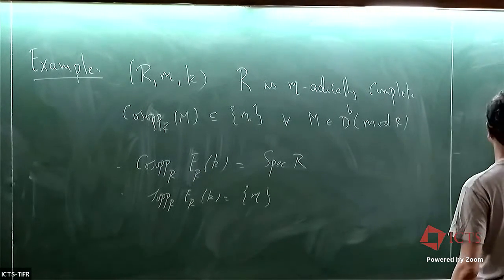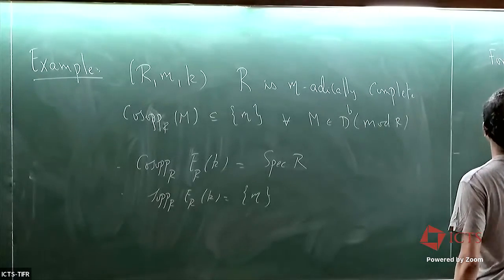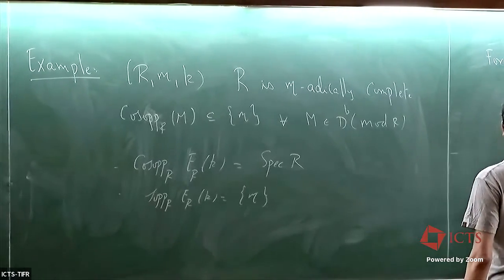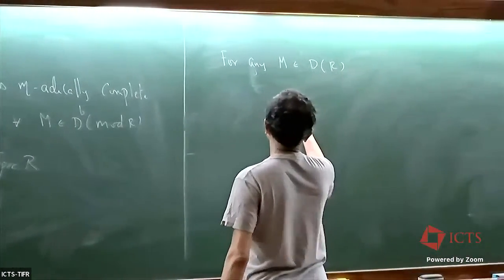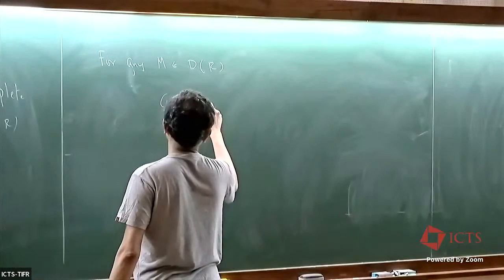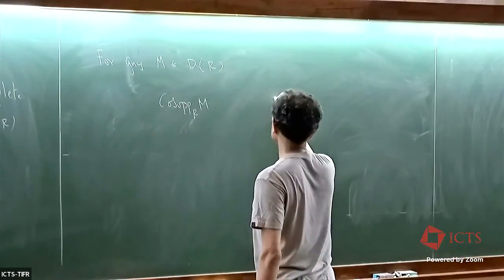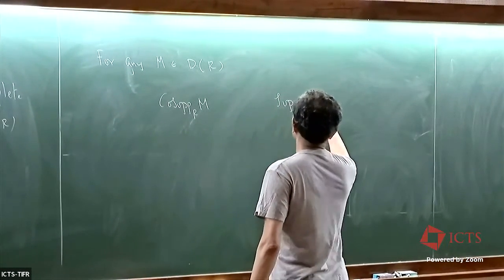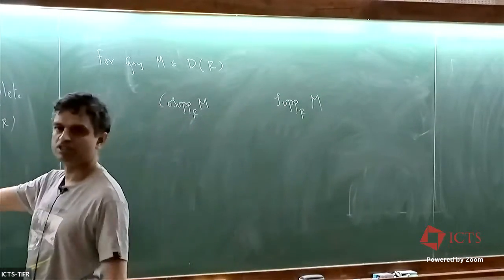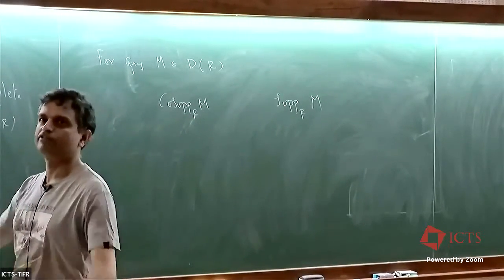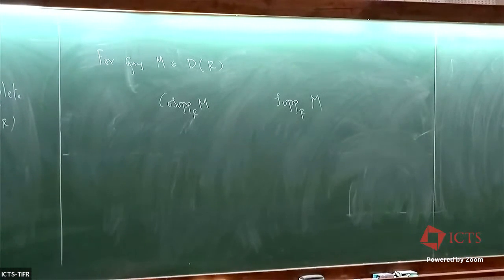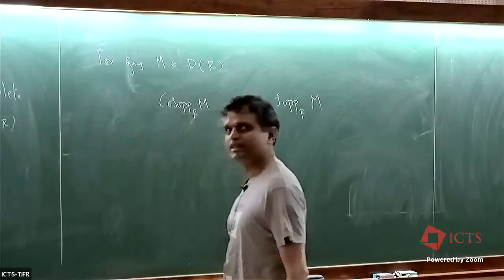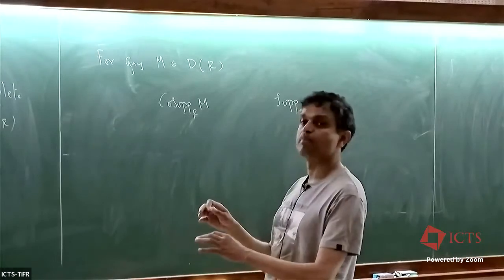The result is the following: for any M in D(R), if you look at the co-support and the support of M, already from these examples you can see that they can be quite different in general, right? Here the co-support is rather big, the support is small, whereas here the co-support is small, whereas the support can be anything. But one thing that is always the case is that they have the same maximal elements.